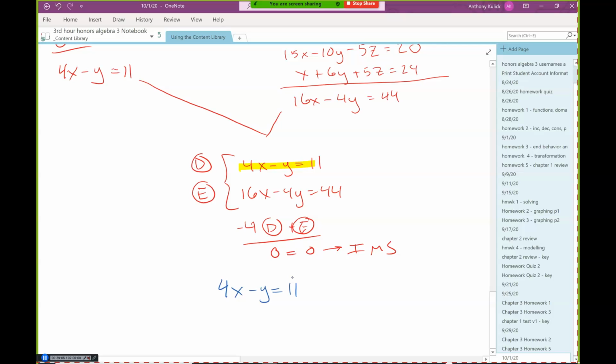And then I'm going to isolate either the x or the y. Again, it doesn't really matter. For the sake of argument, though, let's isolate the y because I don't have to create any fractions by doing that. So I'll subtract the 4x over and then divide by negative 1.